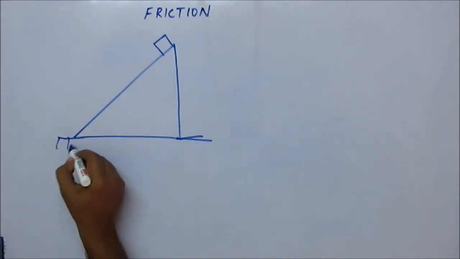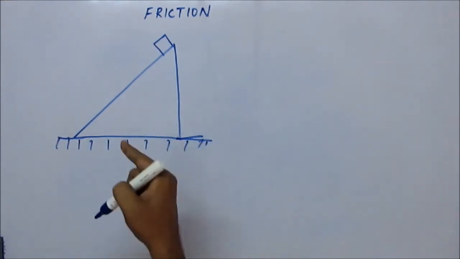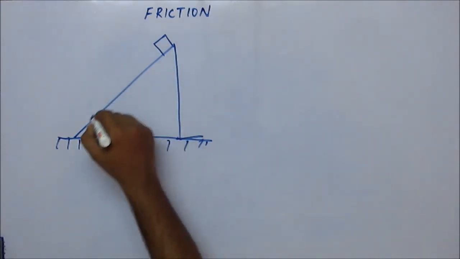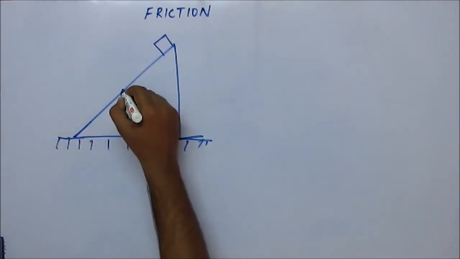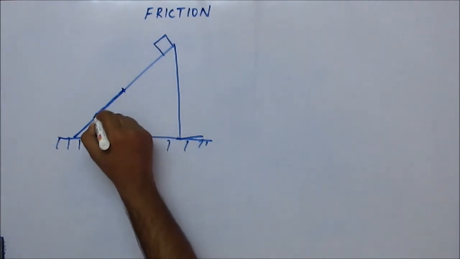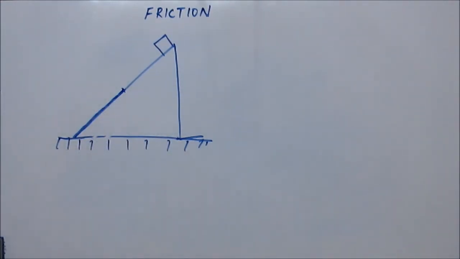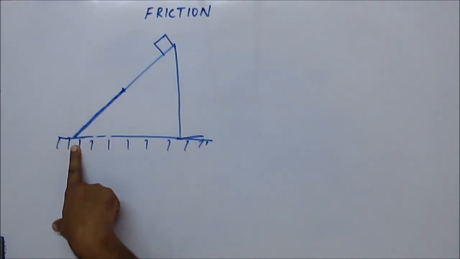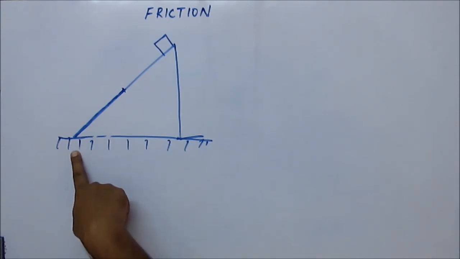This is a wedge fixed on the ground, and you have a block at the top of the wedge. Now the upper half of the wedge is frictionless, smooth, and the lower half has some friction. Now the question is, what should be the value of coefficient of friction of the lower half of the wedge, so that the block, if it starts from rest, when it comes down, the velocity becomes zero, that it comes down to a rest position.